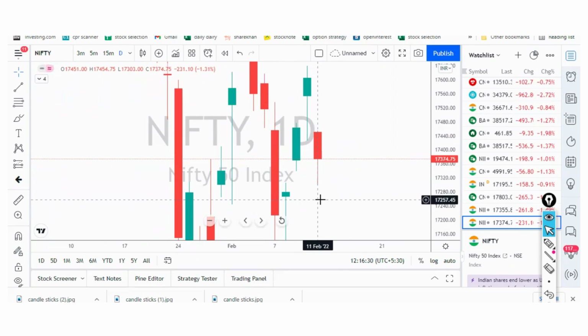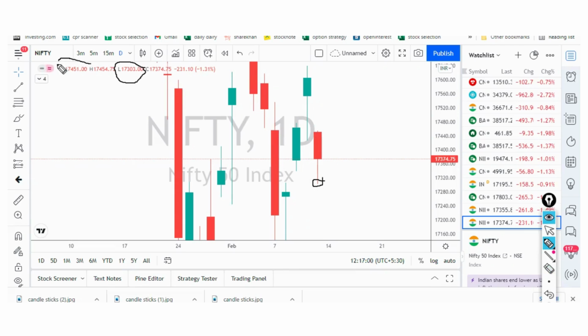The high of this candle is 17,455.75, the high of the day. And the low of the day is 17,303.